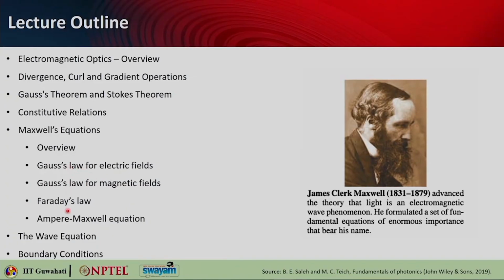These equations were basically done by Gauss, Faraday and Ampere. But the set of these four equations is able to describe the electromagnetic property of light, and he is the one who combined these equations to describe it, and that's why these equations bear his name.